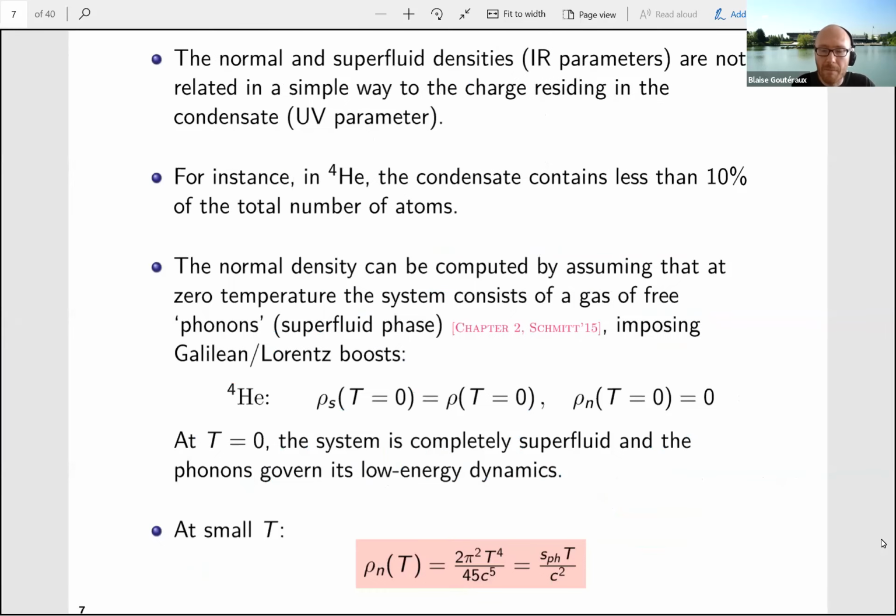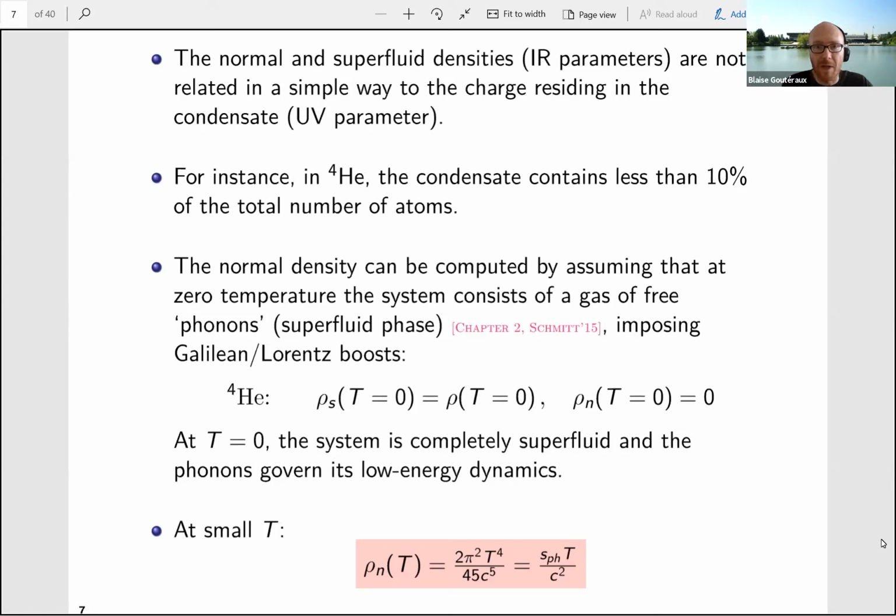Now, as I said, in this talk, I'm mostly interested in the normal and superfluid densities, which are, in fact, infrared parameters. By this, I mean that they're parameters that appear in the effective theory that describes the system at long wavelengths. They're not UV parameters in the sense that if you give me a microscopic theory where some order parameter condenses by spontaneously breaking a U(1) symmetry, then this Hamiltonian is not originally written in terms of the normal and superfluid densities.